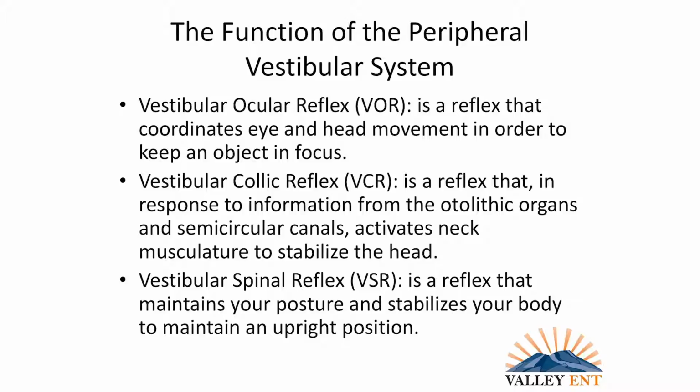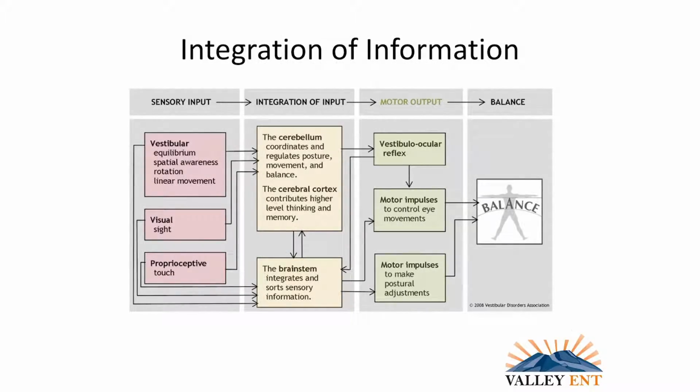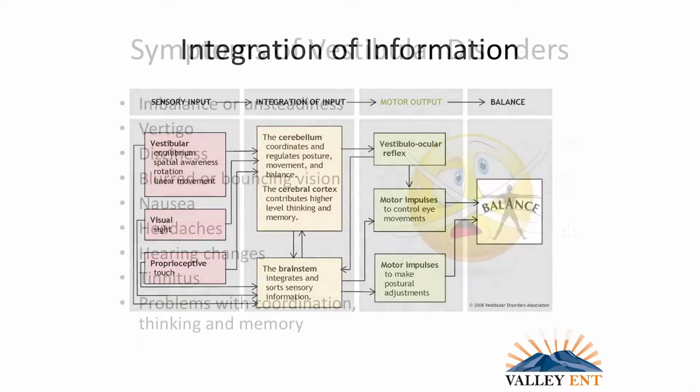And the vestibulospinal reflex maintains your posture and stabilizes your body to maintain an upright position. Again, this summarizes sensory input, integrating that, our motor output, and then giving us our balance.